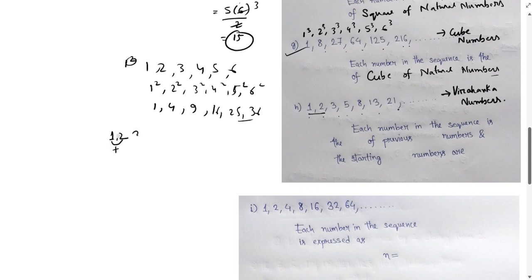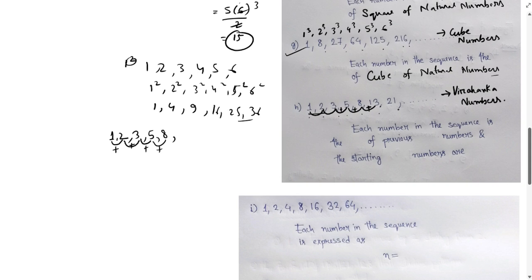1 plus 2 is 3. Then to get the next number we'll add 2 plus 3, we'll get 5. Then 3 plus 5, we'll get 8. Then 5 plus 8 is 13.